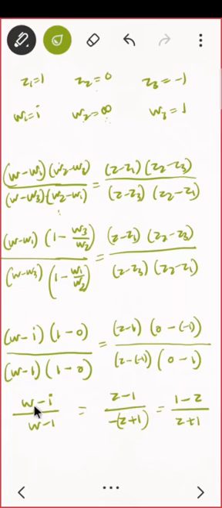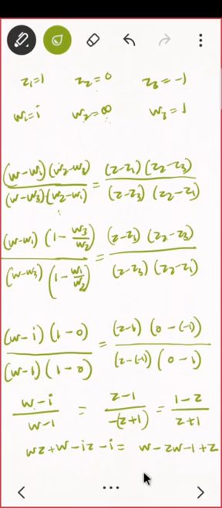Once you multiply with w into z, it will be wz plus w minus iz minus i. On the right hand side it will be w minus zw and minus 1 plus z.